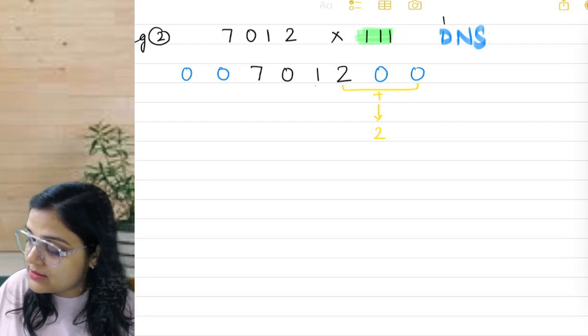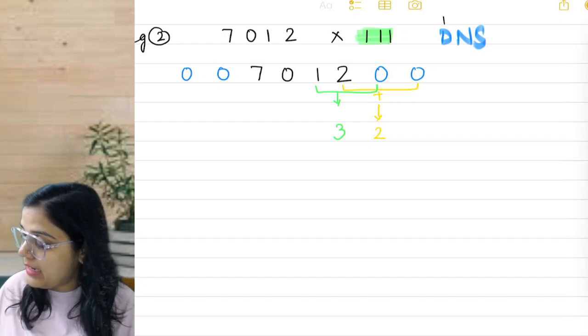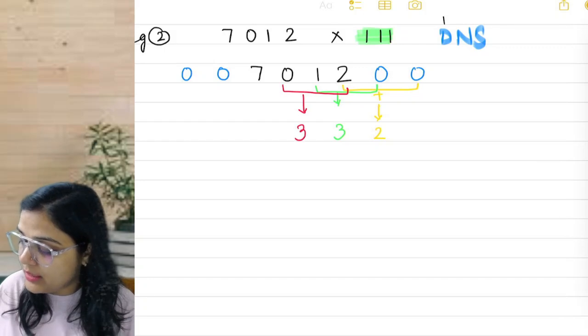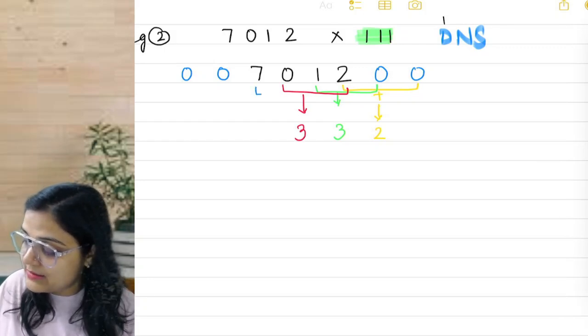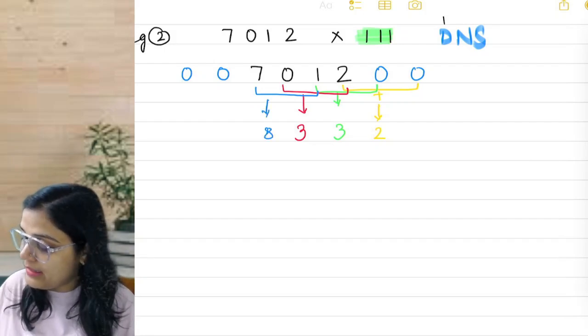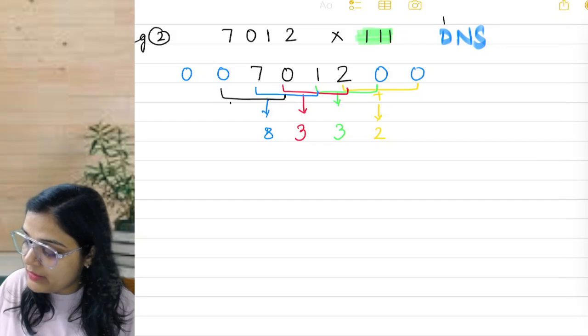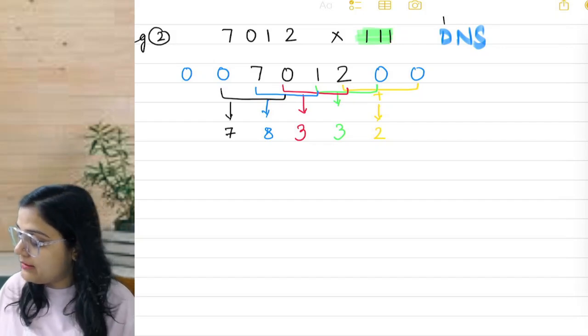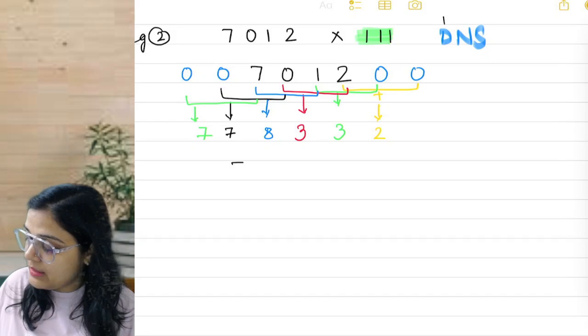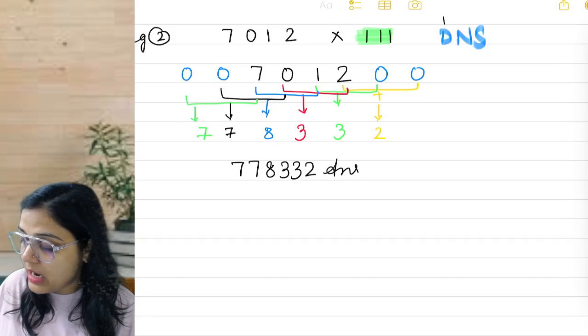Then add the next 3 and you will get 3, then add the next 3 and this is 3 again, then add the next 3 and you will get 8, then the next 3 and you will get 7, and finally the next 3 and you will get 7 again. So 7, 7, 8, 3, 2 is my answer.